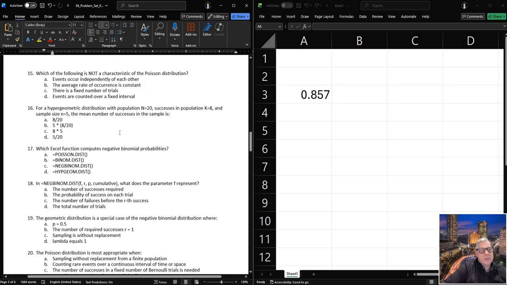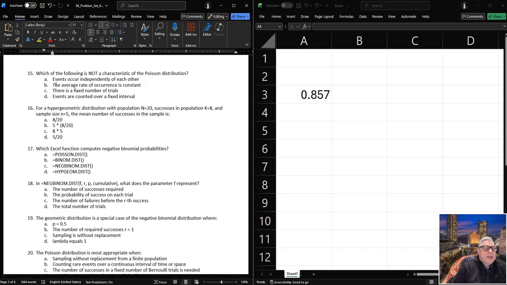Which of the following is not a characteristic of the Poisson distribution? Events occur independently of each other? No. Like traffic accidents, they're pretty much independent. The average rate of occurrence is a constant, that's correct. We have a constant occurrence assumed. There is a fixed number of trials?